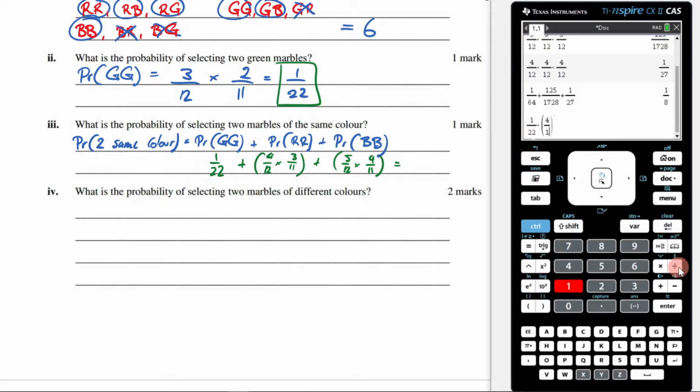It's going to be 4 on 12 times 3 on 11, close the brackets, plus, whoops, I didn't put a plus there. And then you're going to go again to the last one here, which is going to be 5 and 4, hit enter. It's going to be 19 on 66.